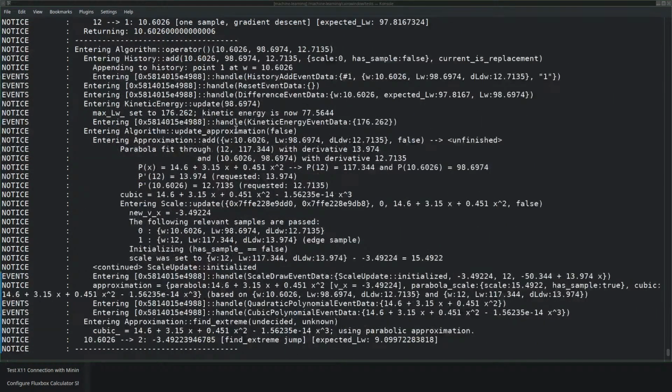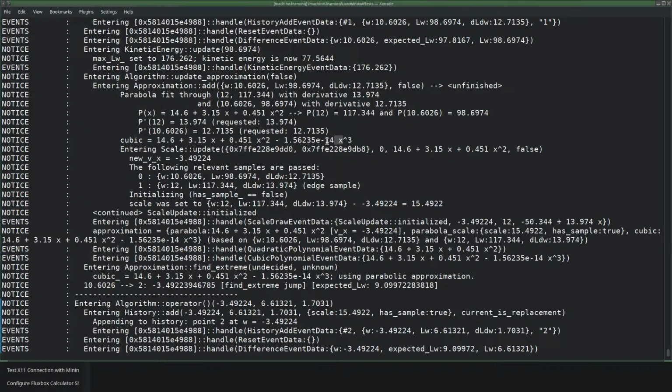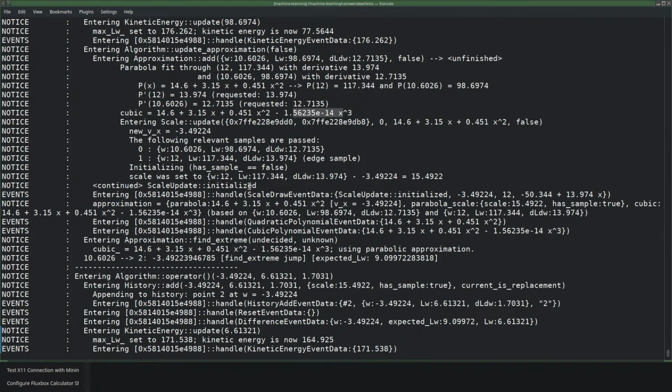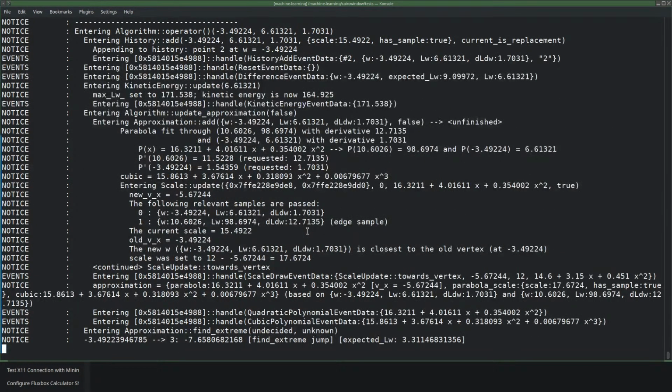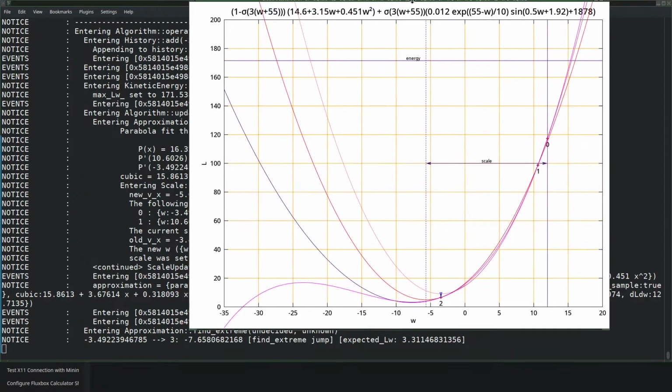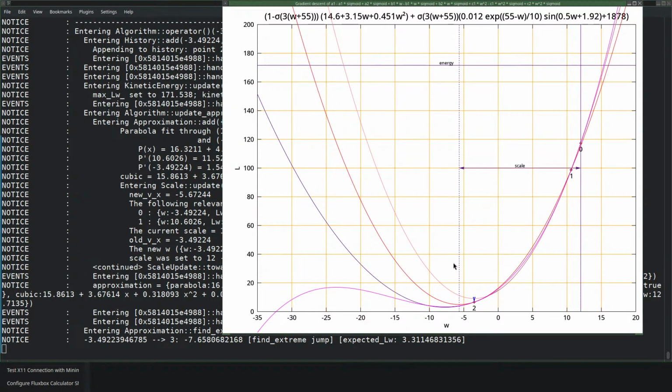So it's not using the parabolic approximation despite this super low value. Well, it works, so apparently it's not a billionth there at that point, the difference. No, okay. Jump again.